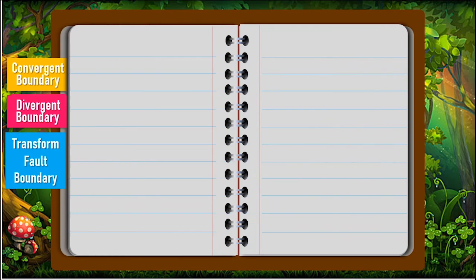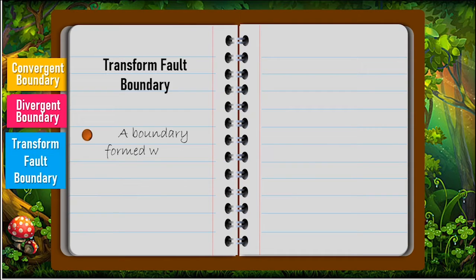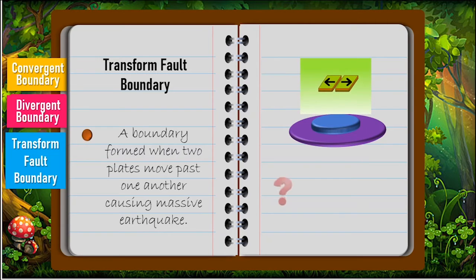Alright, now let's move on with the last one, which is the transform fault boundary. So in this kind of boundary, unlike the first two, the divergent and convergent, it actually does not create physical geological features. Instead, it creates massive earthquakes because the plates of the transform fault boundary are actually gliding or sliding past one another.